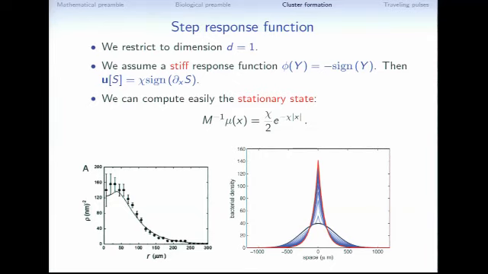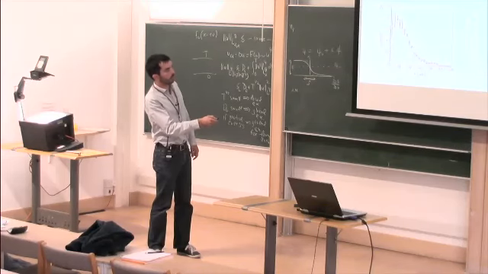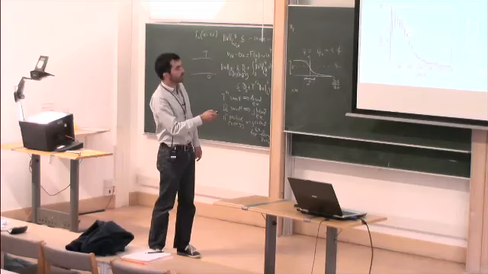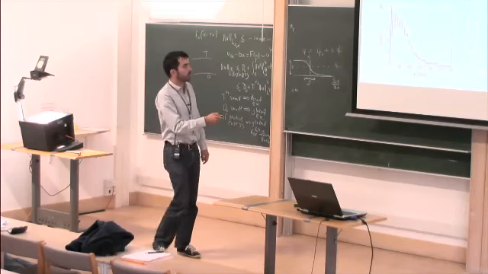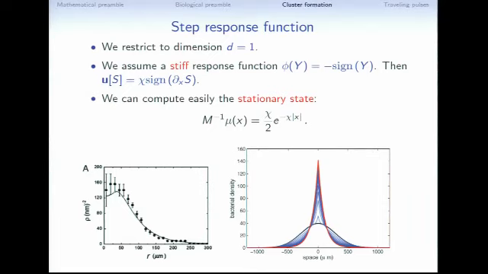And if you look at this, this gives you exponential tails. This is the red profile here, the stationary state. This is initial data. This is a time simulation which ends up at this profile made of two exponential tails. And if you compare to this data, it really matches. I mean, so this is exponential tails, and the decay is comparable to what you expect from this very simple analysis.